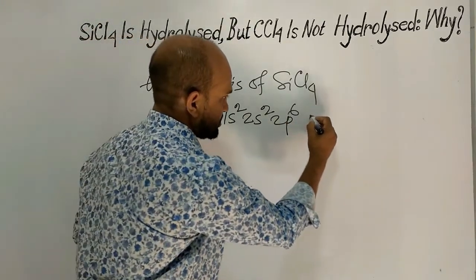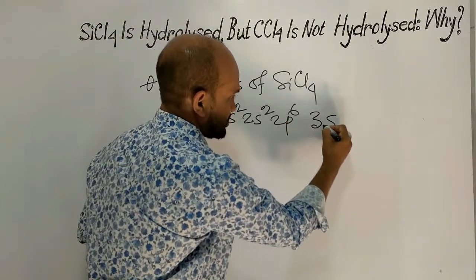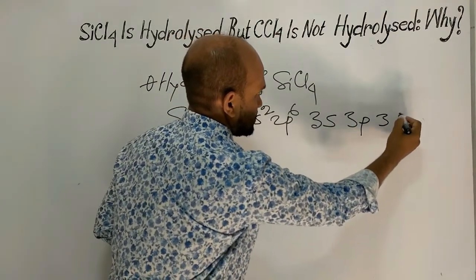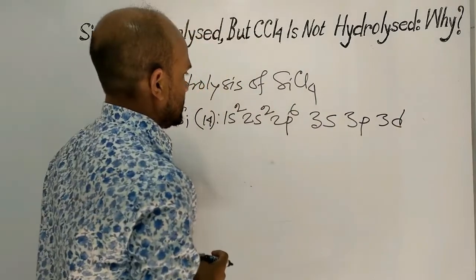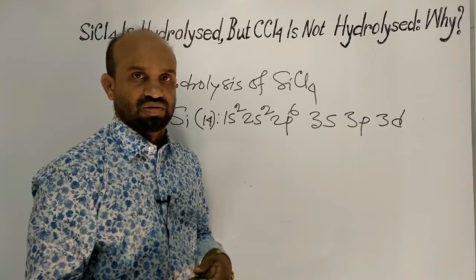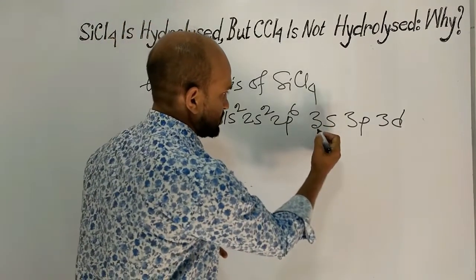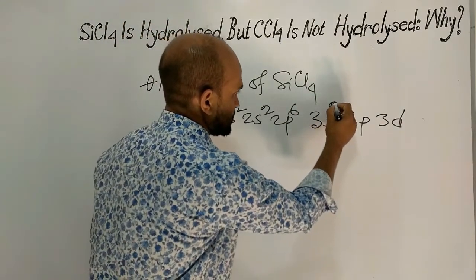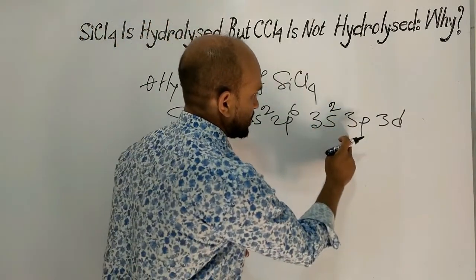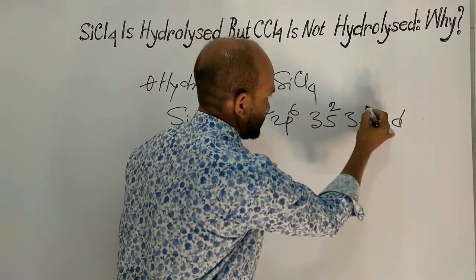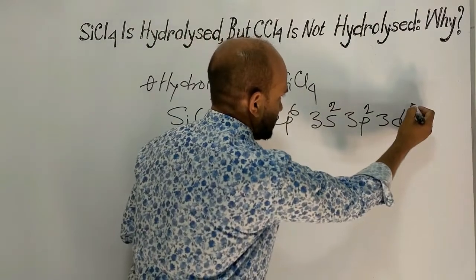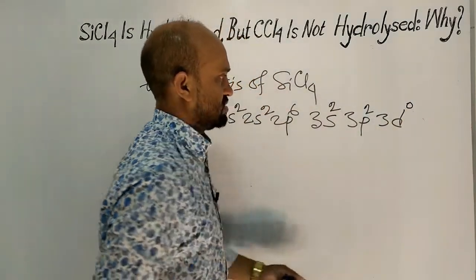The third orbit contains 3s orbital, 3p orbital and 3d orbital. Silicon has the remaining 4 electrons. Out of these 4 electrons, 2 electrons enter the s orbital and the remaining 2 electrons enter the p orbital, but the d orbital remains vacant.